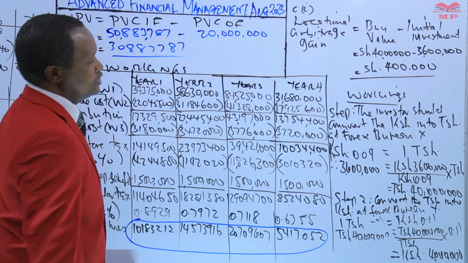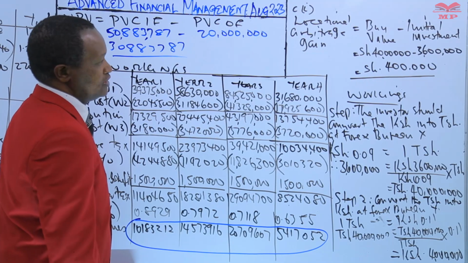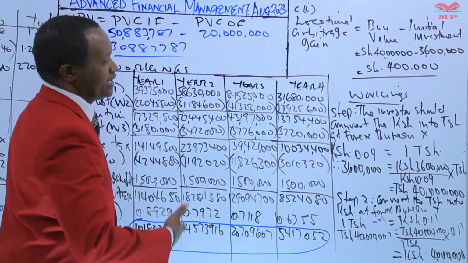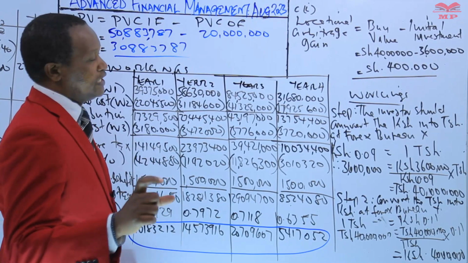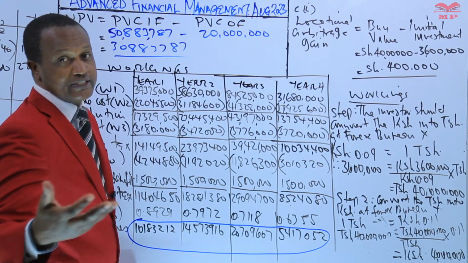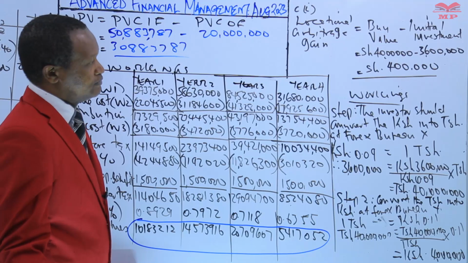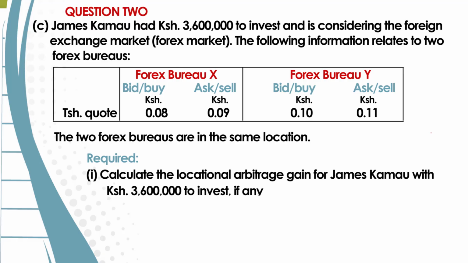And you can see, candidates, the investor has exploited the differences in prices of currencies. The asset is the same. So that is how to calculate locational arbitrage.